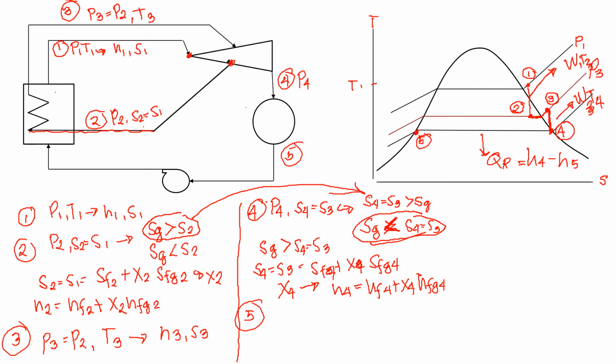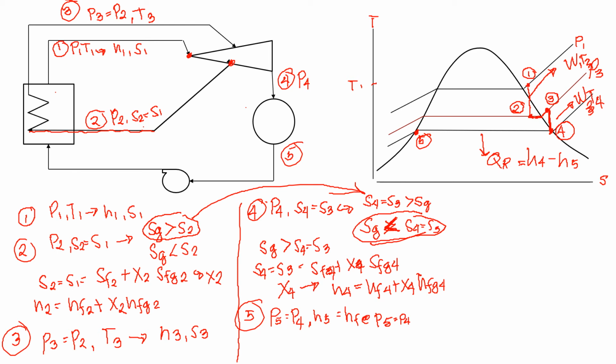So therefore, pressure 5 is just equal to pressure 4, since we are talking of a condenser, an isobaric process. And H5 is equal to HF at pressure 5, which is equal to pressure 4.